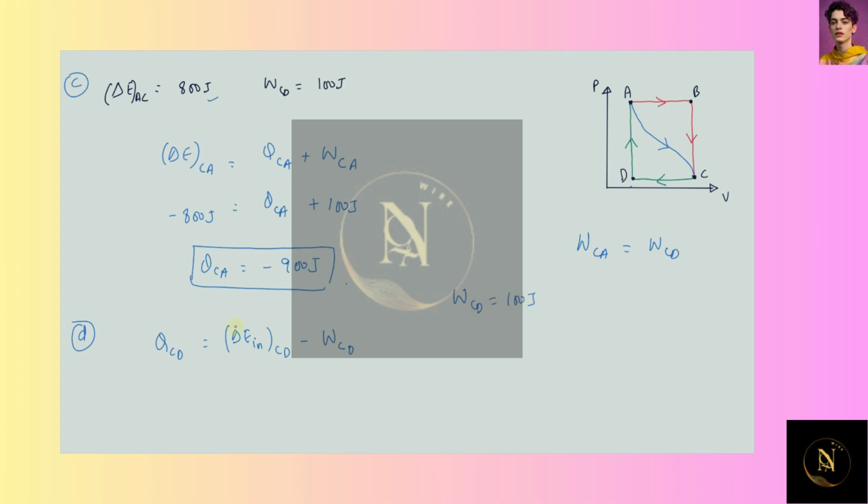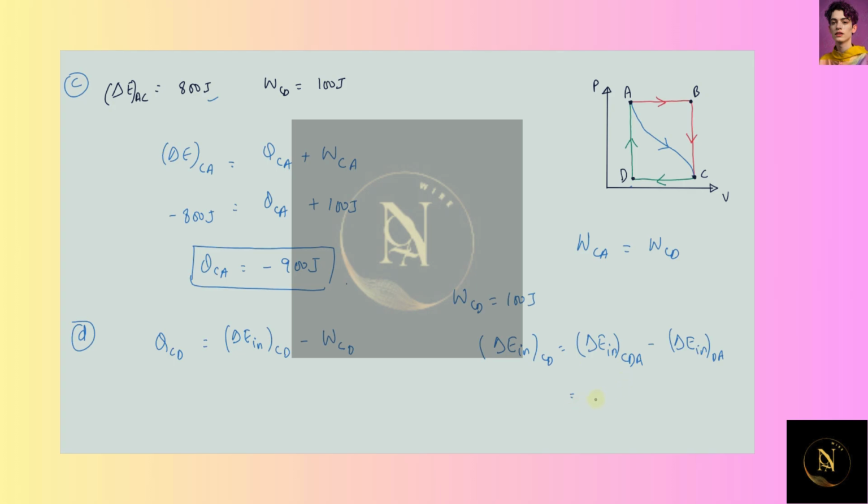Now we have to calculate the change in internal energy for CD. The change in internal energy in case of CD will be equal to the change in internal energy in case of CDA minus the change in internal energy in case of DA. In the D part it is given that the change in internal energy when the gas goes from D to A is 500 joule, and the change in internal energy for CDA we already know is 800 joule.